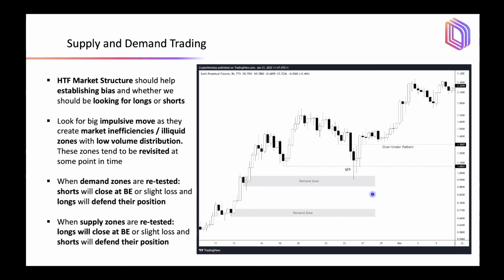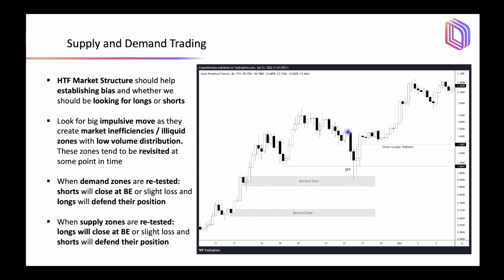So again, it's not a foolproof system, and some zones are going to be tested, some zones are not going to be tested. So what happened here is that you had an SFP of the swing low in a demand zone, and you see a very nice reaction. So your entry should have been something like the over and under pattern that we see.